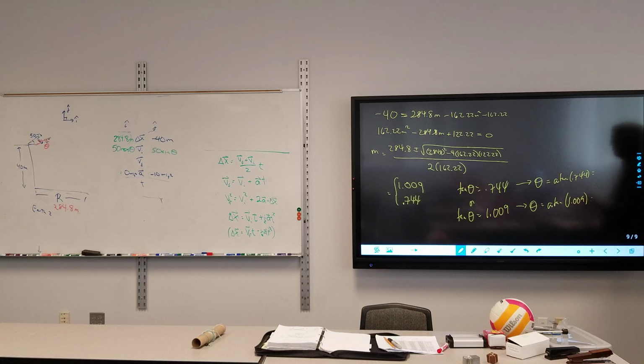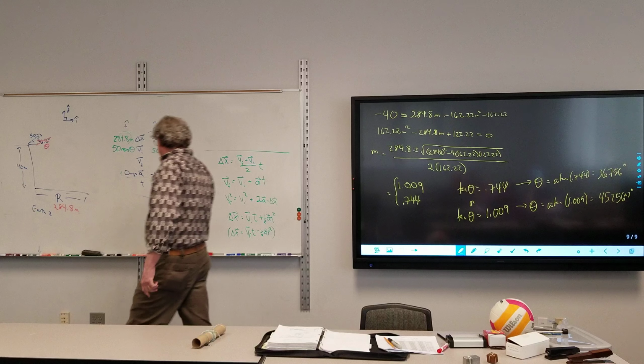At least this is the simpler of the two. 36.756 degrees for the first. For the second one, I got 45.256 degrees.